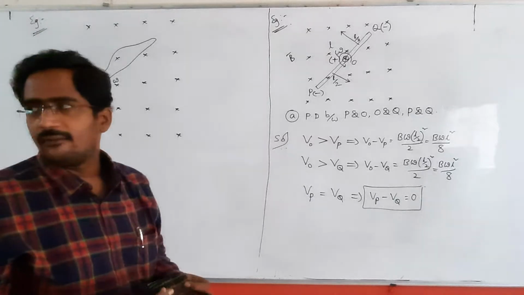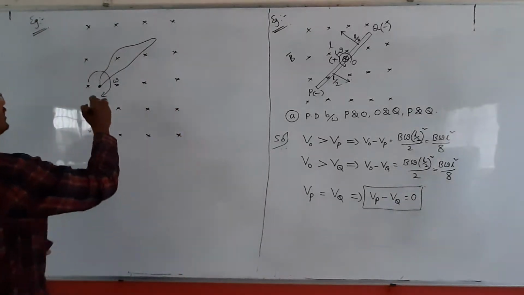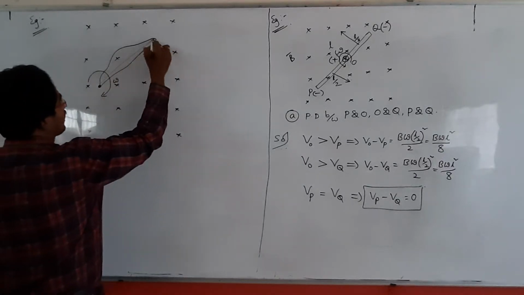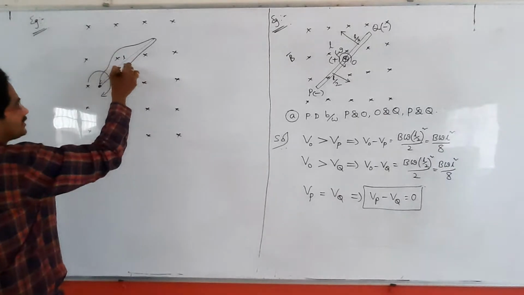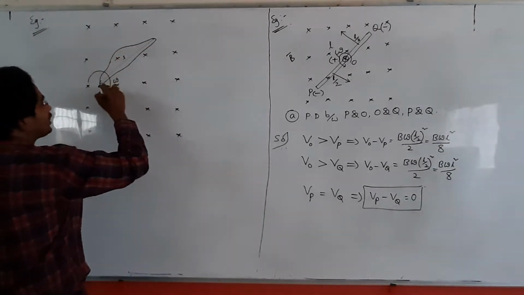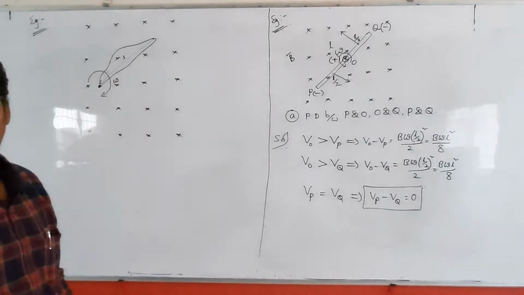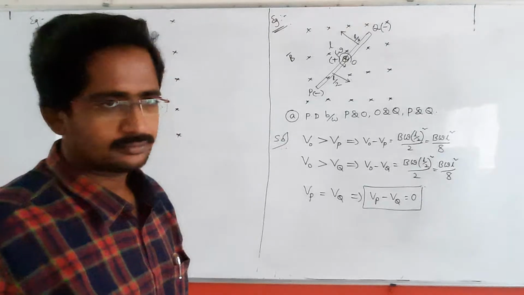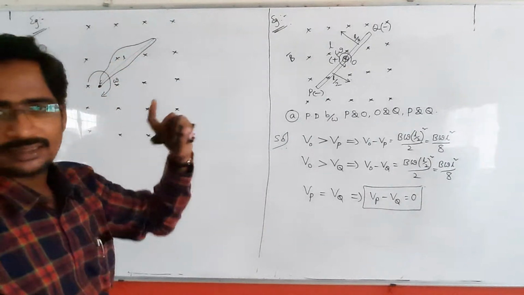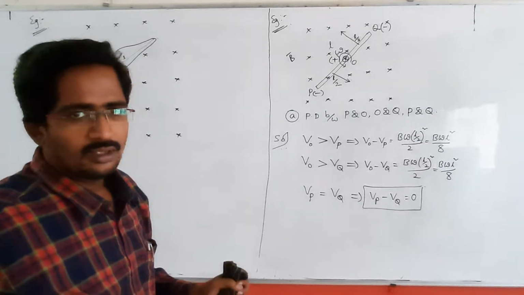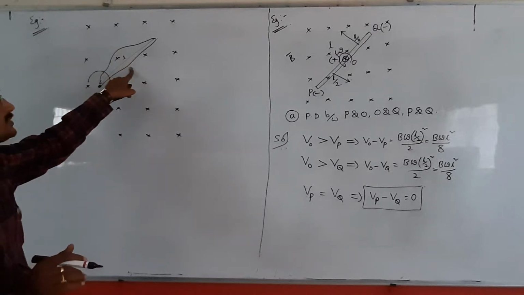Simple one. Whenever an irregularly shaped wire is rotating, if you take the effective length of this one as L, then it is a combination of two rods. This is one wire, this is another wire, which are rotating in the clockwise direction. If you treat these two as two rods of the same effective length, then there will be induced EMF across this and across this.